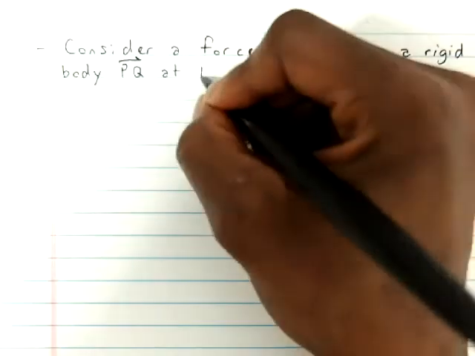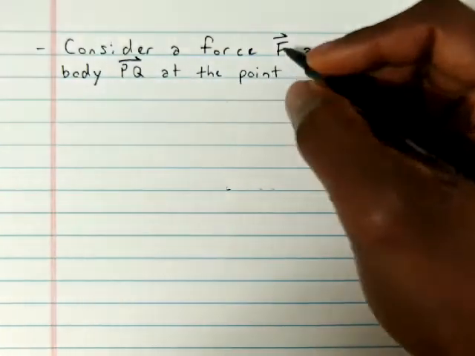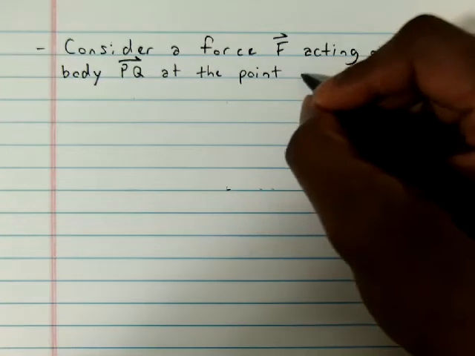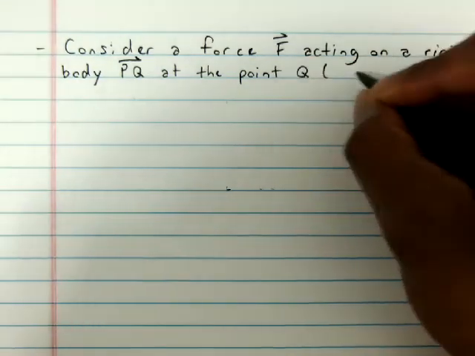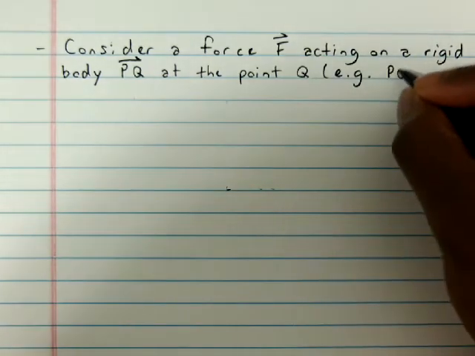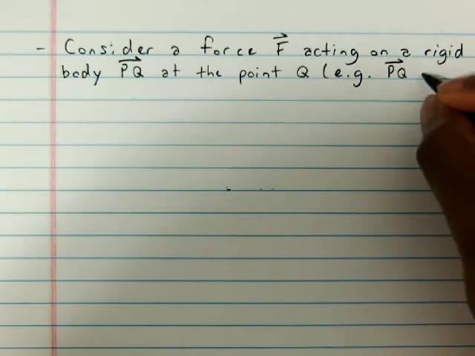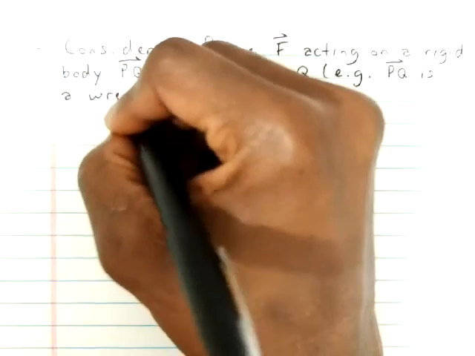At the point Q, for example, PQ is a wrench.